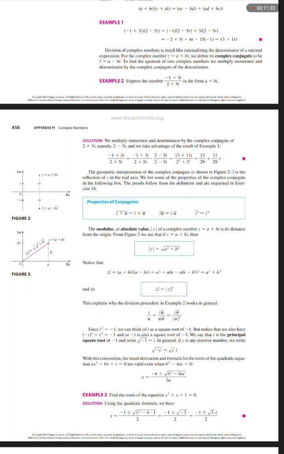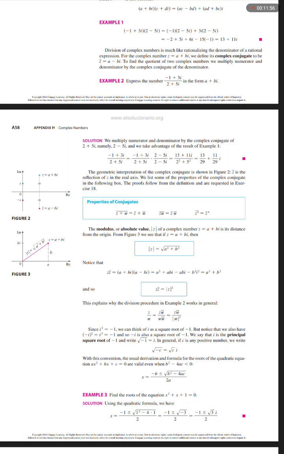In general, if c is any positive number, we write the square root of -c equals the square root of c times i.